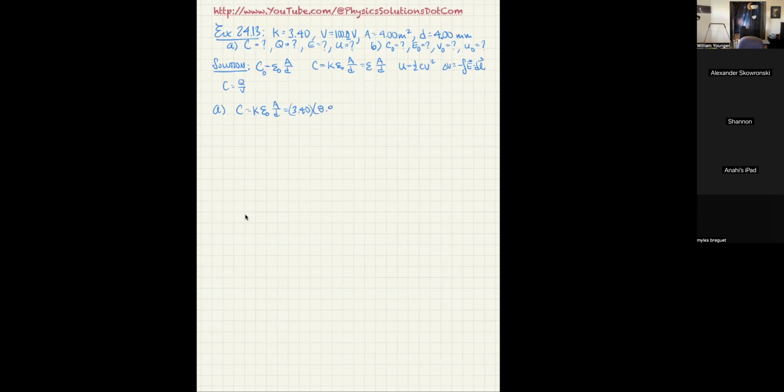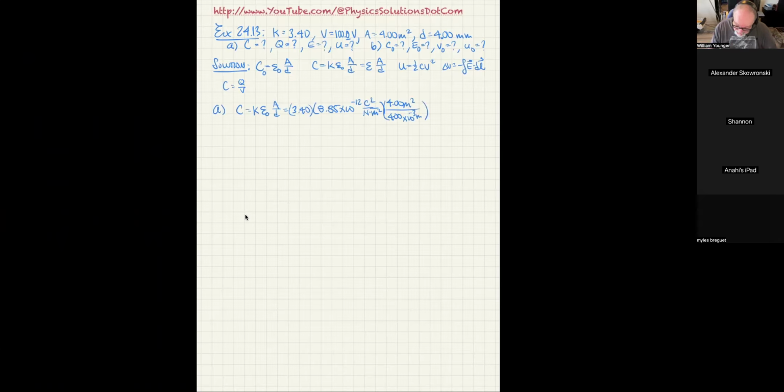The epsilon 0 is 8.85 times 10 to the negative 12th coulombs squared per Newton meter squared, which we could make coulombs per volt meter, but we don't really need that. We know that the area is 4.00 square meters, and the distance of separation is 4.00 times 10 to the negative third meters.